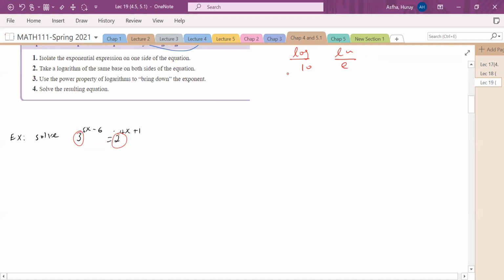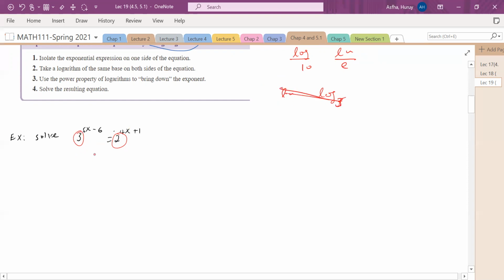The logarithm, as I mentioned earlier, can be of any base. In my case here, I will take ln. You can take log, which is base 10, or log base 7, base 3, base 5, whatever you want.